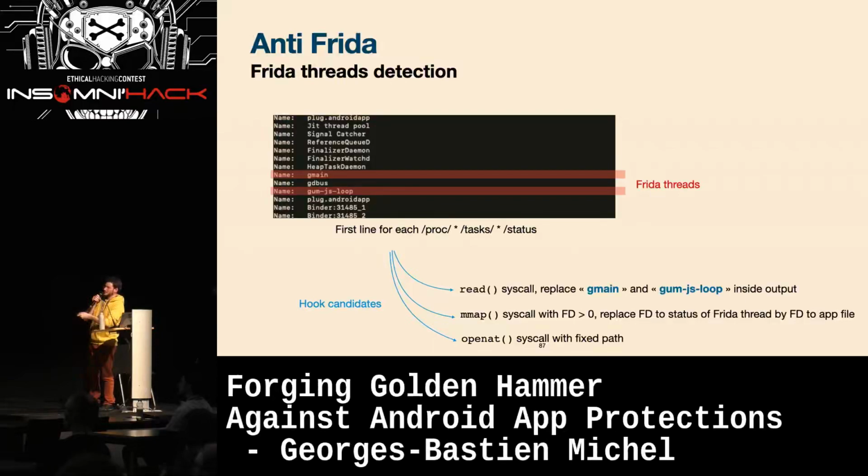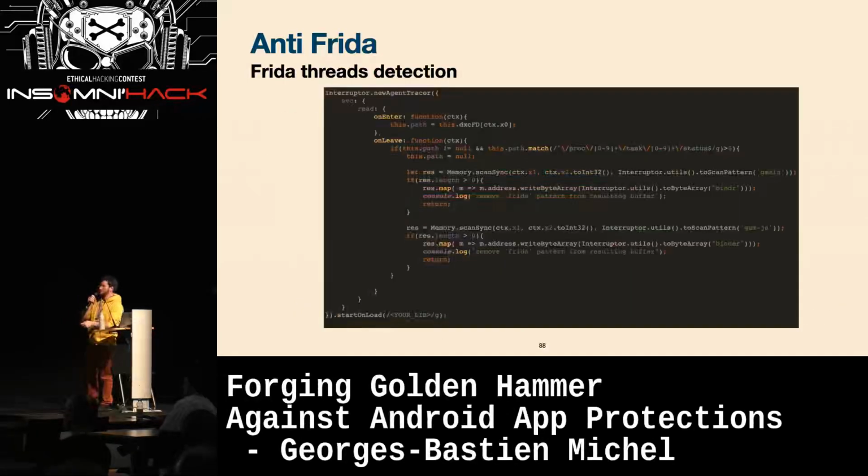So in this case, I think there are three ways to do that. First is a read as in the previous case, or if mmap is used to dump the content of proc self task status, you could change the file descriptor in order to point to another clean thread status file. And it is the hook to perform what I explained.